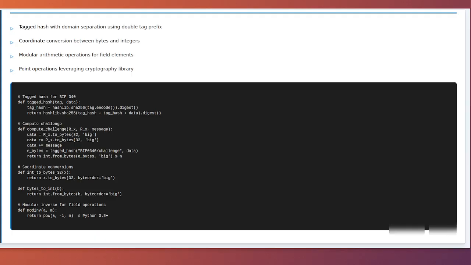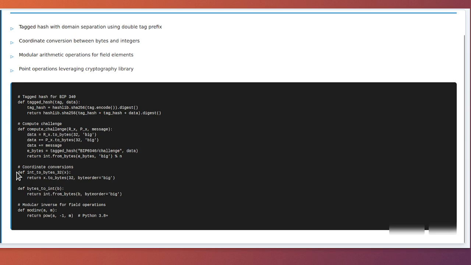The bytes to int function performs the reverse operation, converting 32 bytes back to an integer. These conversions are used extensively when serializing signatures and keys for transmission or storage, and also when deserializing them for cryptographic operations. Python's built-in int.to_bytes and int.from_bytes methods handle these conversions efficiently.